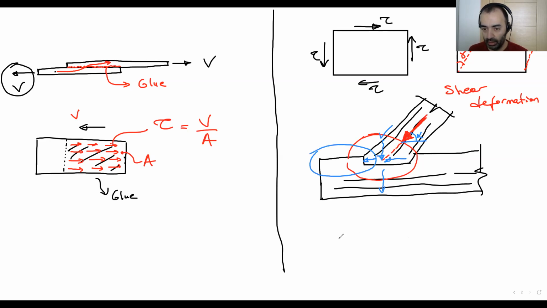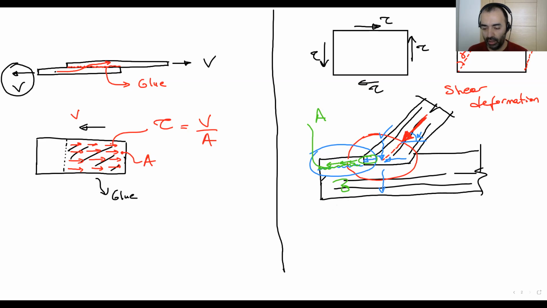So this portion, there is an area here. This area should transfer this shear stress due to this loading to the main body. So here we have an area. Again, there are shear stresses on the surface.